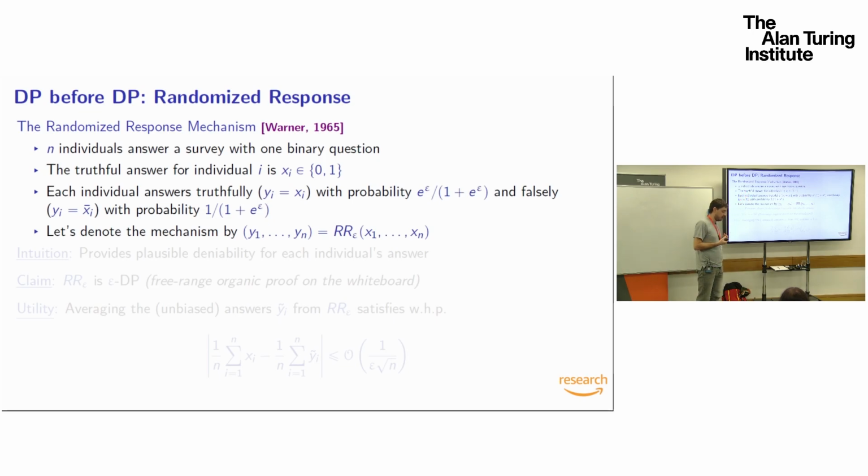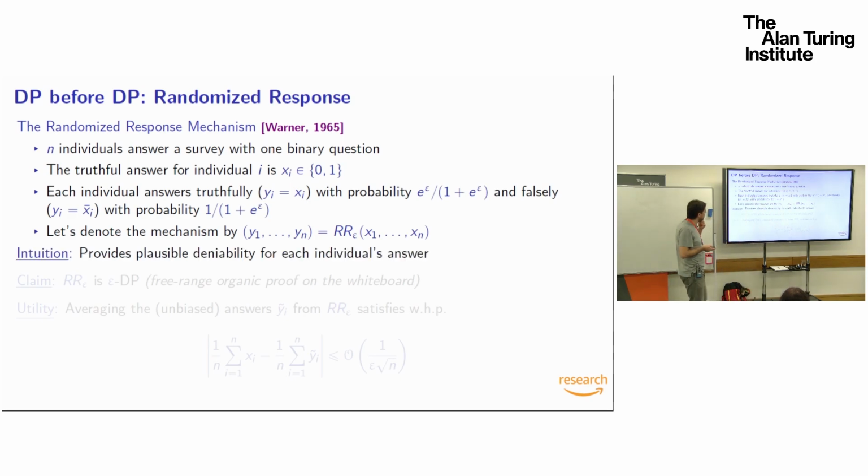I'm replying to a survey, like everyone is, in a randomized way. We can denote this mechanism as follows: we take the truthful answers x1 up to xn, and apply randomized response with parameter epsilon, which determines the probability that the coin comes up heads. Then we get as output n responses, y1 up to yn.